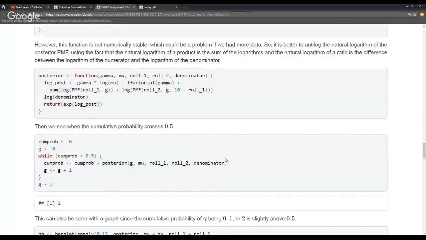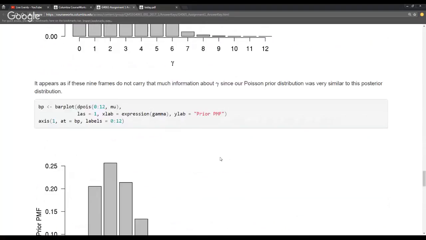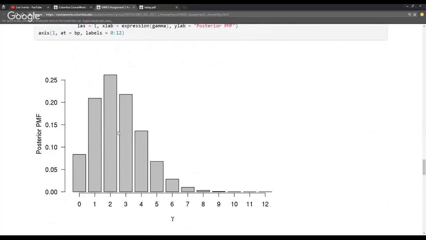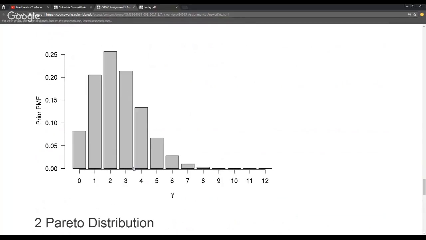Okay, so the second problem was sort of a Bayes problem. Oh, and I should also say that, here's my plot of the posterior on gamma conditional on the data. And here was my plot of the prior distribution for gamma not conditional on the data.